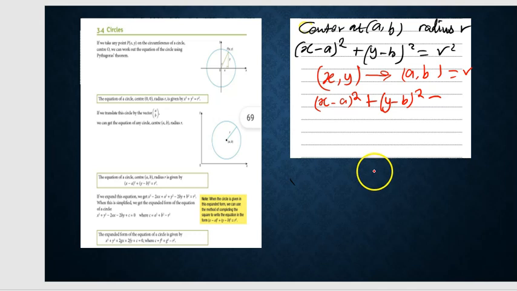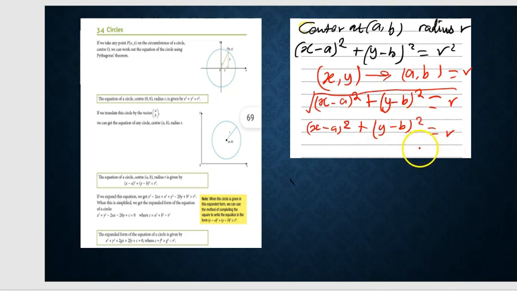If we remove the square root, we will simply have (x minus a) squared plus (y minus b) squared equal to r squared.